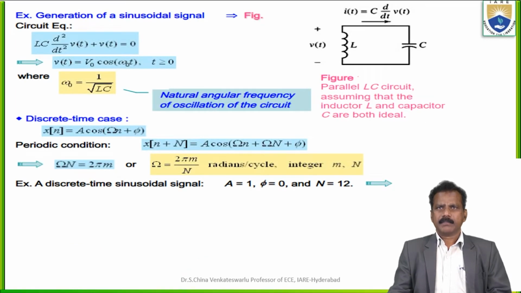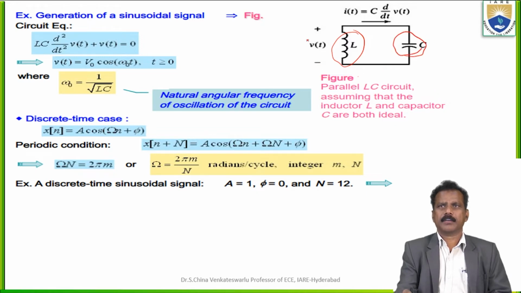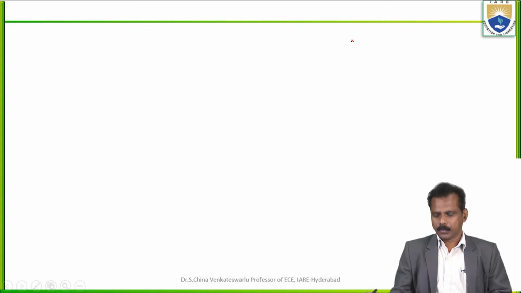For the next generation of the sinusoidal signal, we consider a circuit with an inductor and a capacitor, both connected. From this, we apply the voltage V of t here. After applying it, we can easily calculate the current.